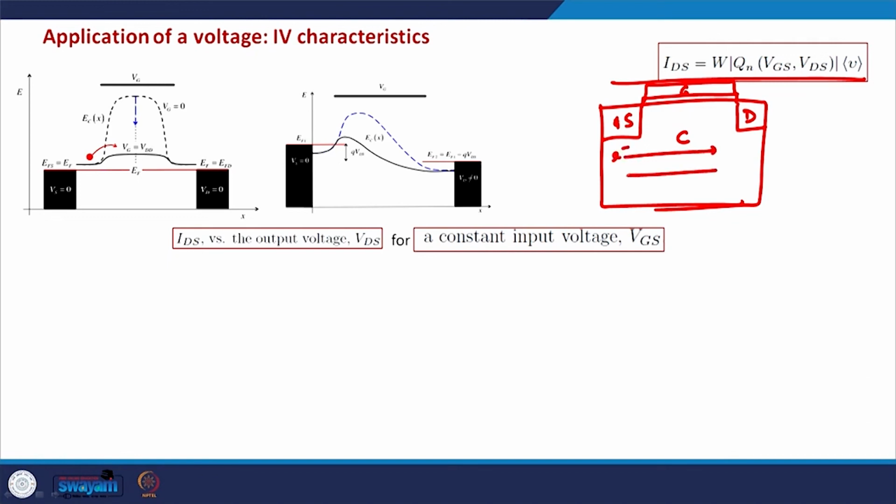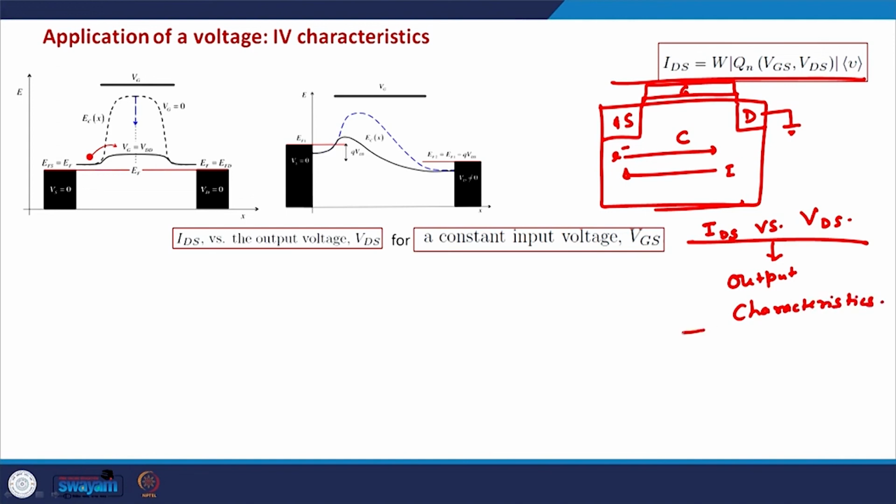So, the current will be flowing from drain to source on application of drain voltage and gate voltage. The relationship between IDS and VDS is known as the output characteristics of the MOSFET, at a constant VGS.